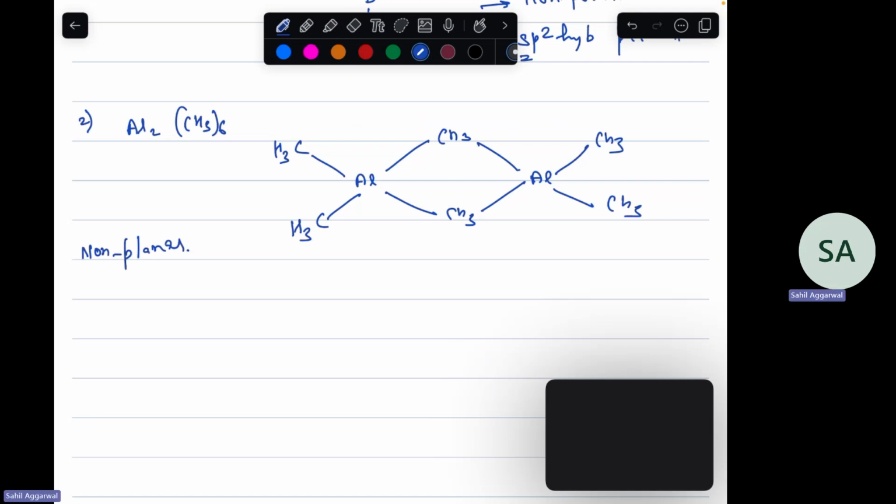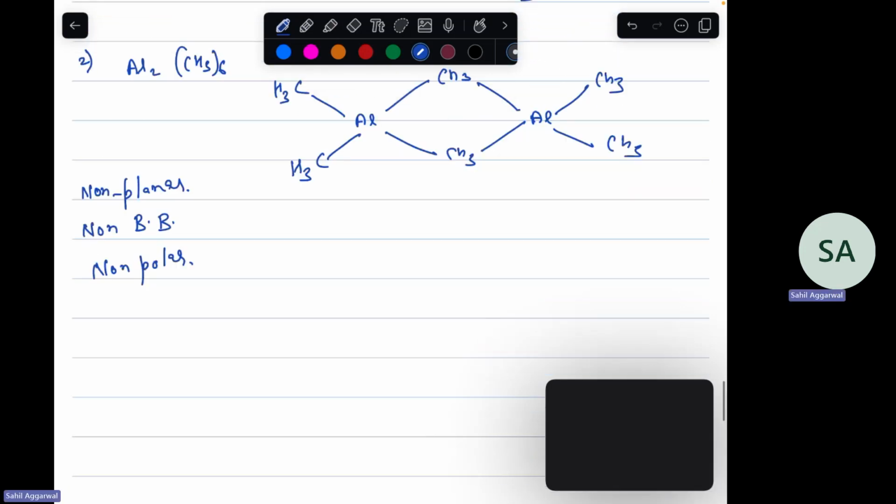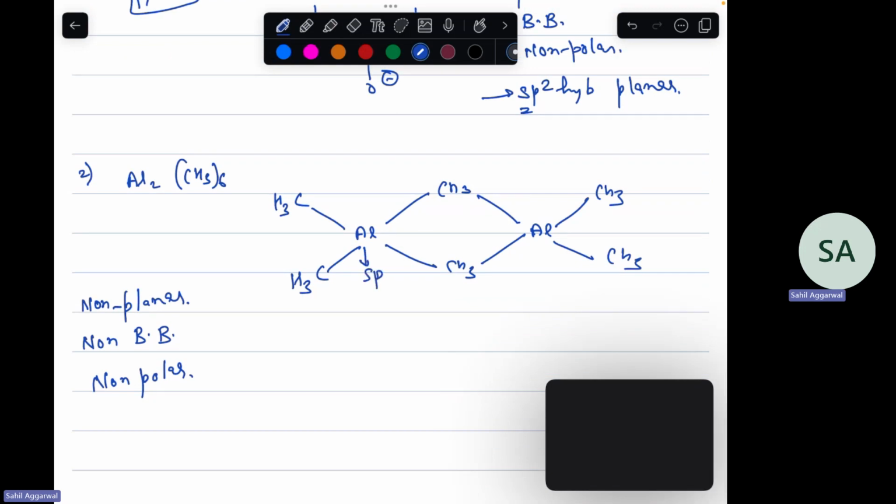Does it have back bonding? बैक बॉन्डिंग तो नहीं होगी इसके अंदर, बैक बॉन्डिंग के लिए लोन पेयर ही नहीं है। No back bonding. Is it non-polar? Yes, it will be non-polar. Is it non-planar? Yes, it is non-planar. Is it sp3 hybridized? Yes, it is sp3 hybridized. So it would be QRT.